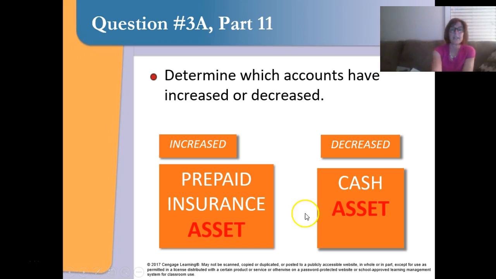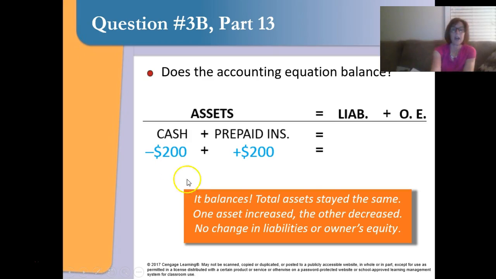And when we look at what is increased or decreased, we see that the prepaid insurance asset account is increased, but we decreased our cash as a result of that money going out for the premium. And again, we have only impacted the left side of the accounting equation. We've done nothing to our liabilities or owner's equity, so everything stays the same.